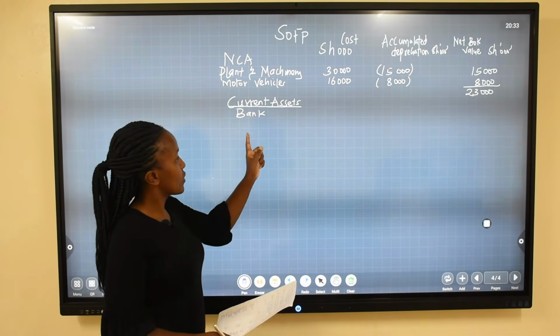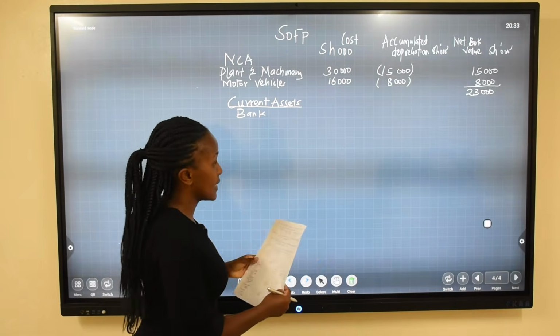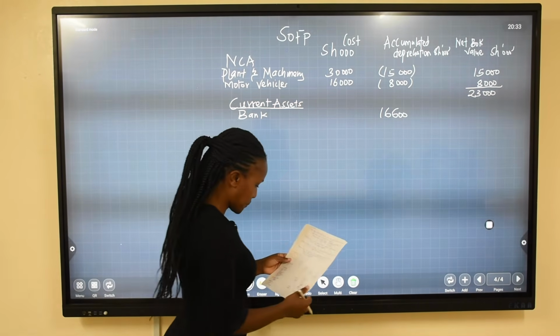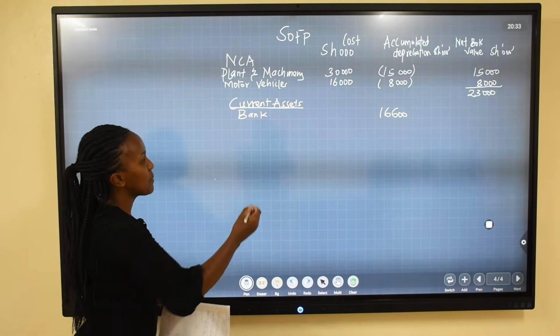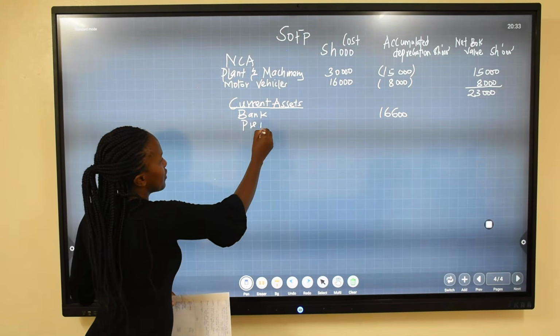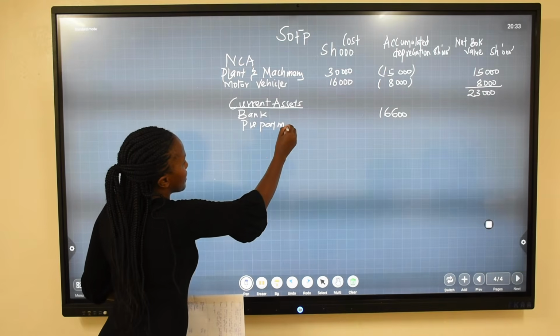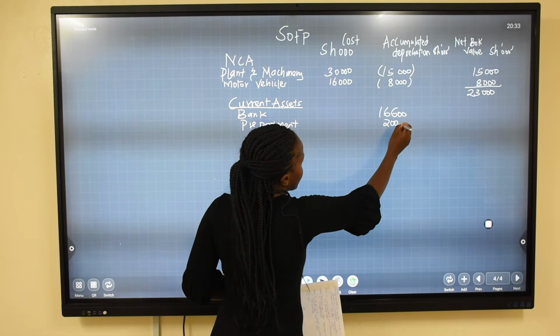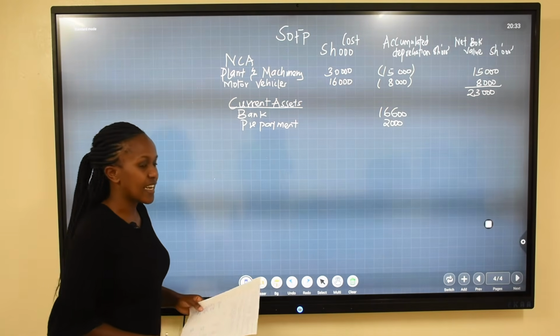So in the bank, we have 16,600. Then we have the prepayment. I hope you do recall. We said there is a prepayment of 2,000 of office rent and rates.